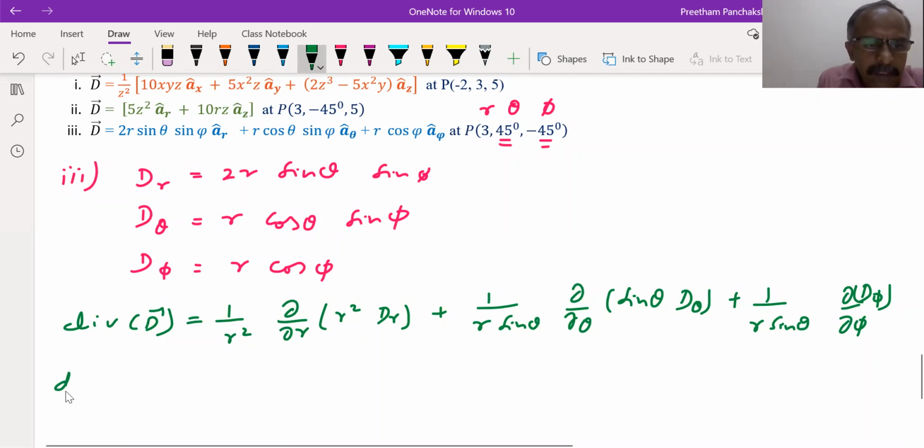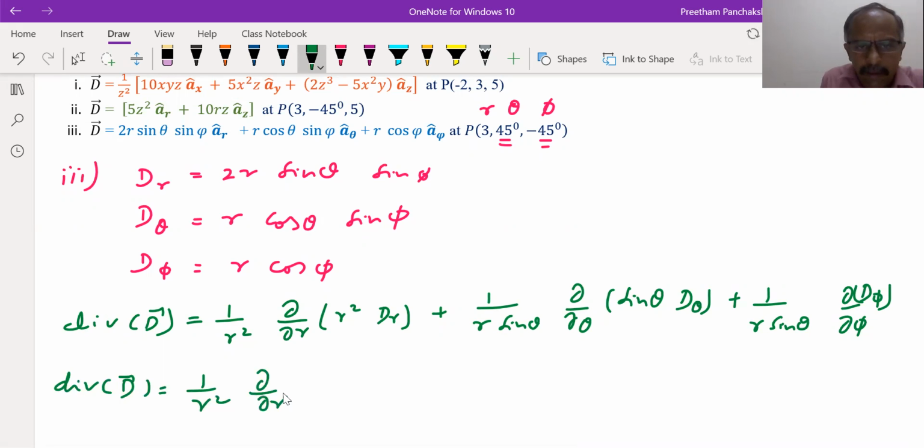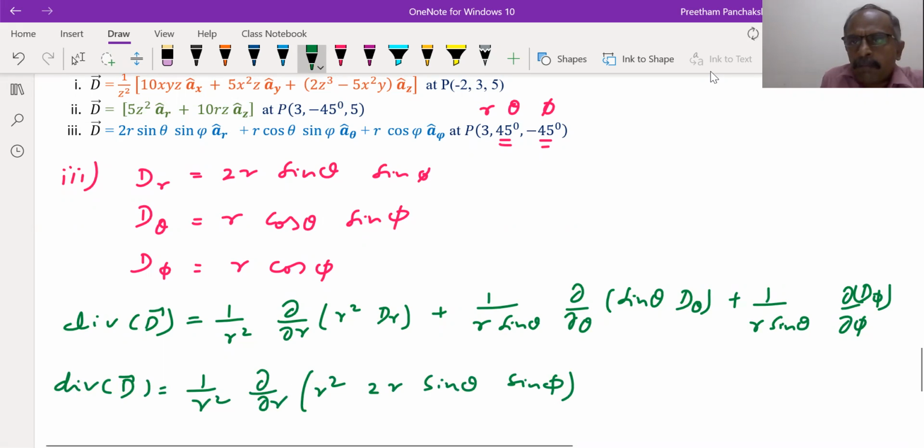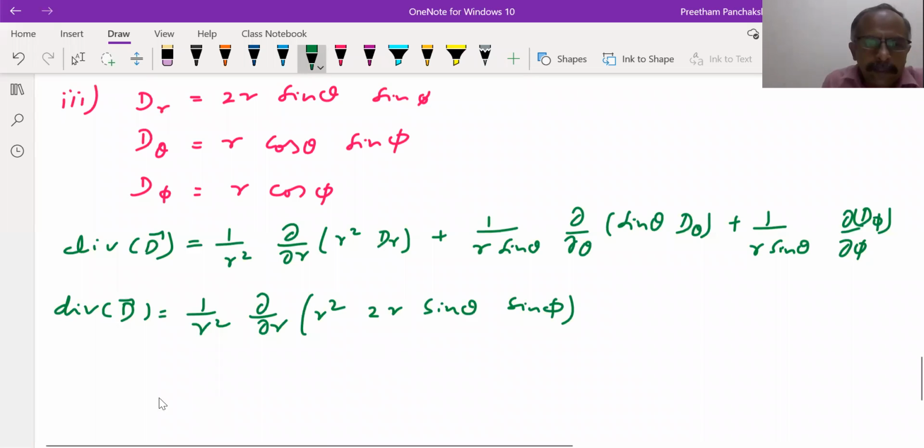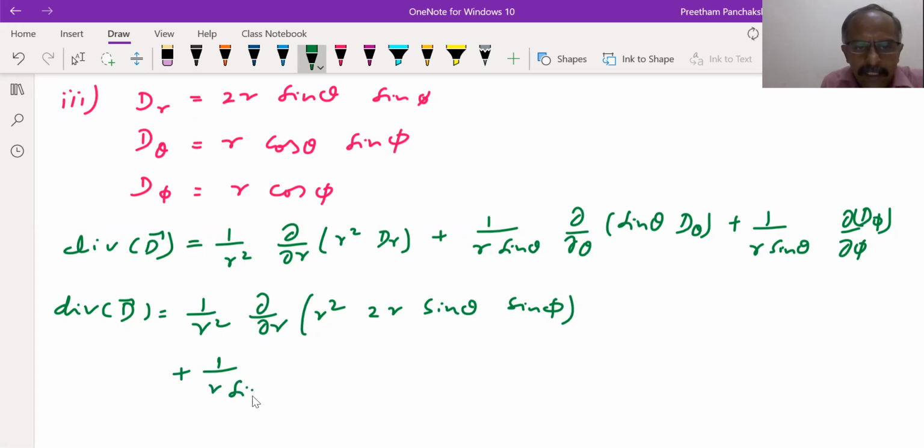Now the divergence becomes equal to 1 by r square dou by dou r of r square into D r, D r is 2r sin theta sin phi, and the second term, 1 by r sin theta dou by dou theta of sin theta into D theta.